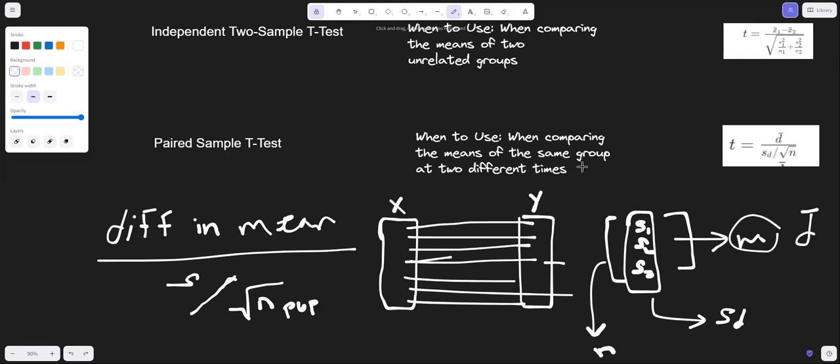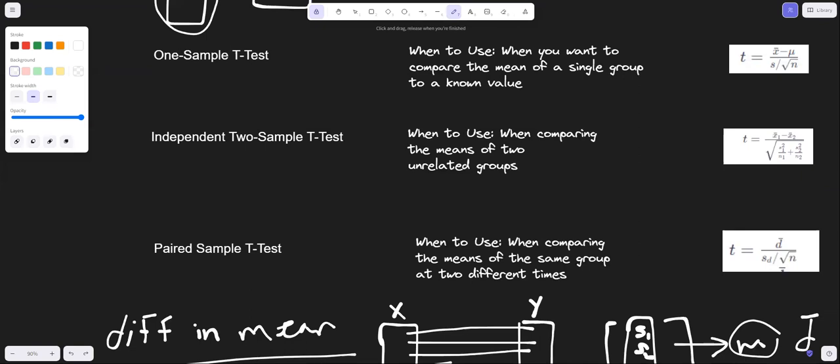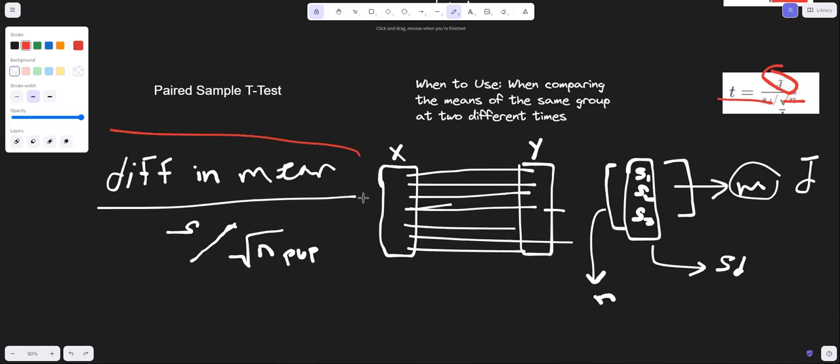In every t-test, what we are doing is taking the difference of means and dividing by the standard deviation over root n. So moreover, this is the formula. That's it for this video. In the next video, let's see the Python implementation of this. Thank you.